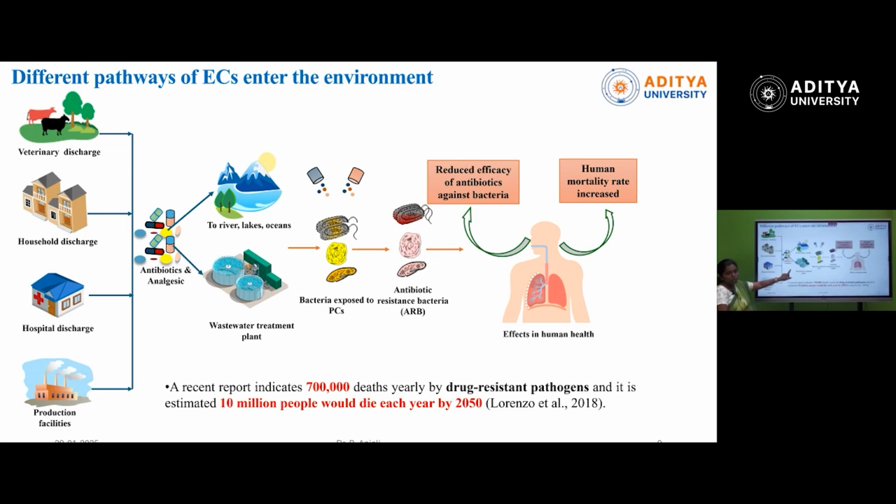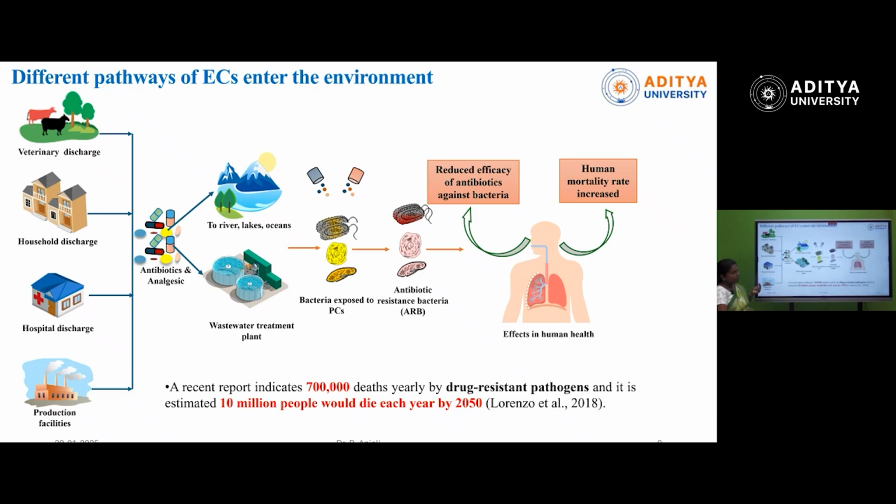Here in the treatment plant, as I said, there is inefficiency, meaning it does not completely remove the emerging pollutants. So what happens if it is exposed to the environment over a period of time? Antibiotic resistance develops, so genes and bacteria develop resistance. For example, take a paracetamol tablet.